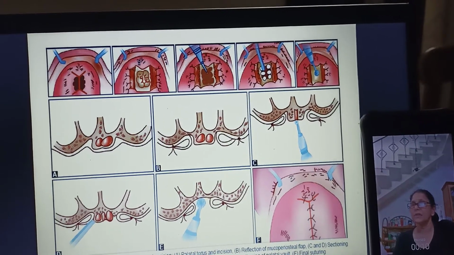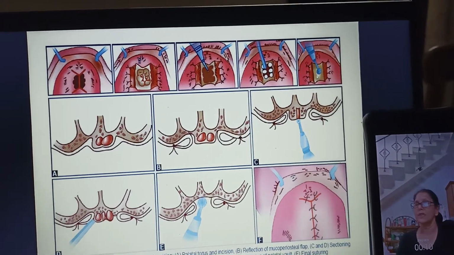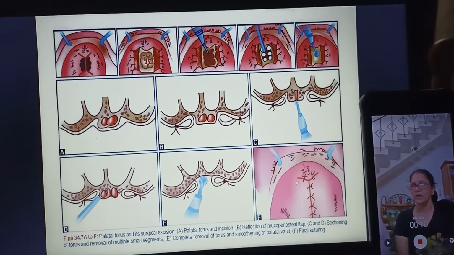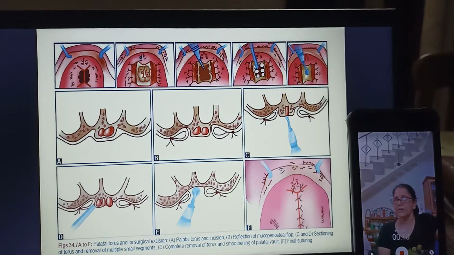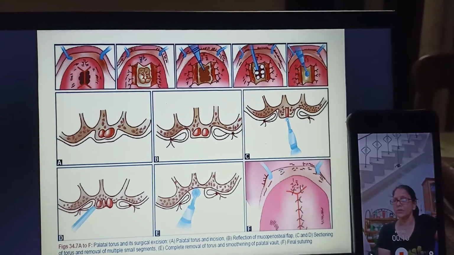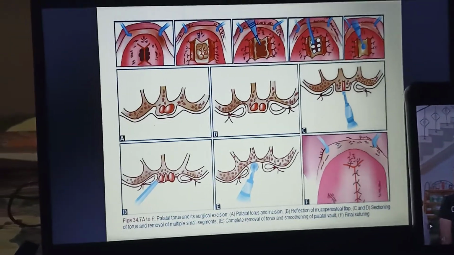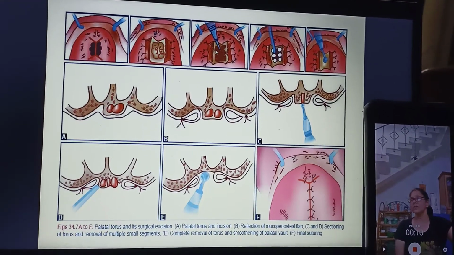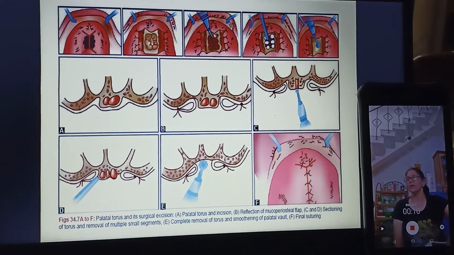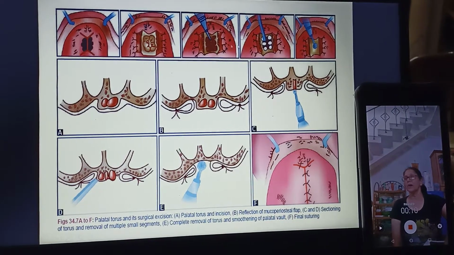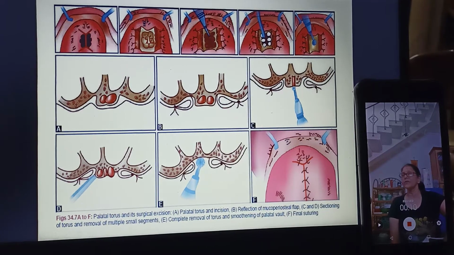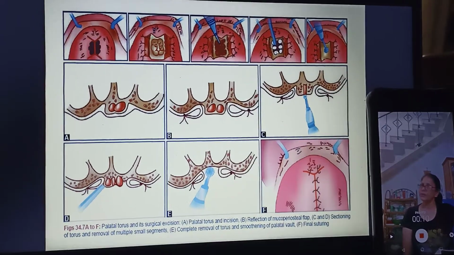After which the palatal area should be gently smoothened and then the primary closure will be carried out with interrupted sutures. So the most important part is to divide this lobulated conglomerated mass into multiple parts to prevent the perforation of palatal vault.